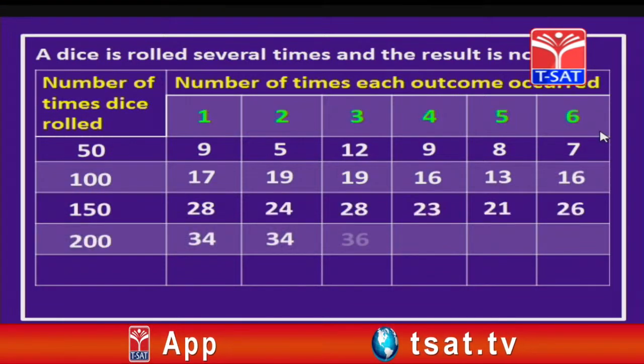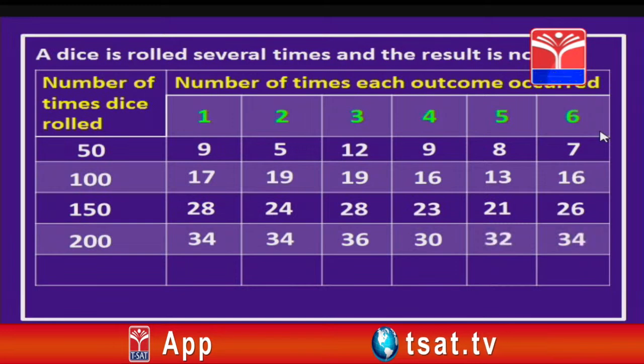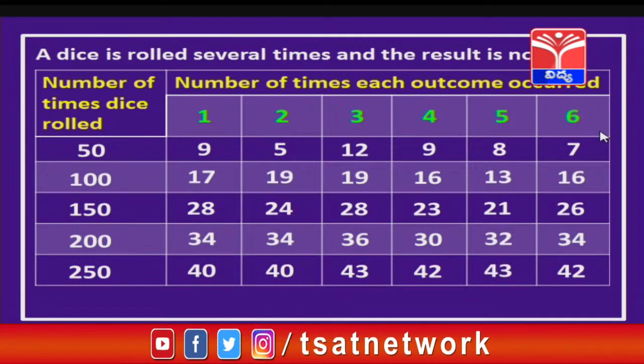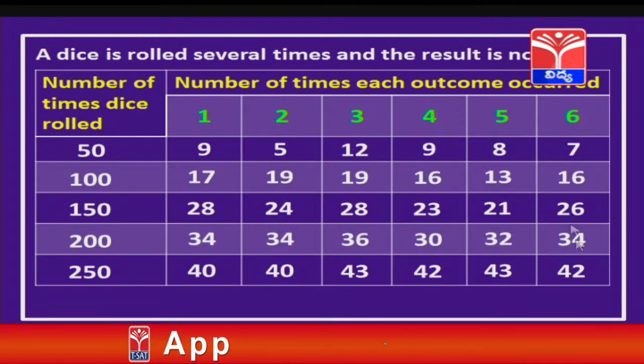Similarly, it is increased to 150, 200 and finally to 250 also. You can see these are all the numbers of times, and what do you call these, they are outcomes, isn't it, children? So, these outcomes have come.